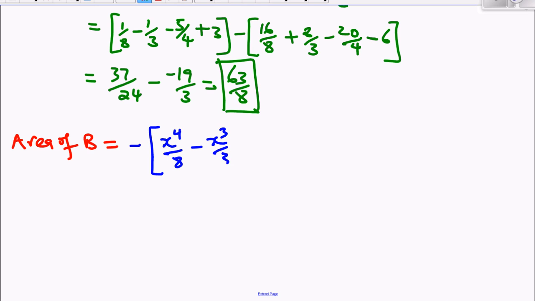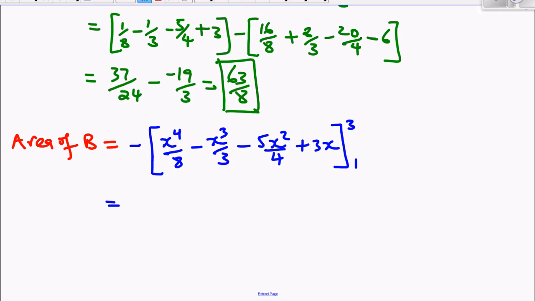So instead of doing it again, I'll just copy the answer that I had, and the limits are from 1 to 3. Now note here that I've added this negative because the function is below the x-axis, it will be negative, and we want to end up with a positive answer. That's why I have the negative there.